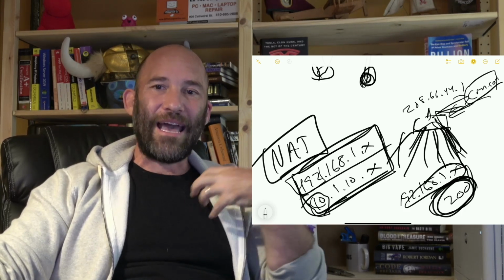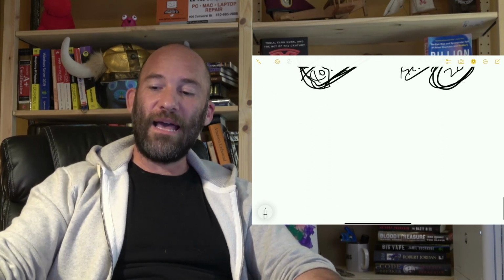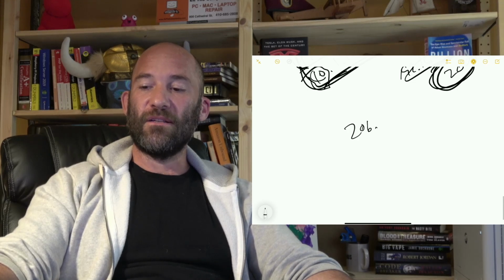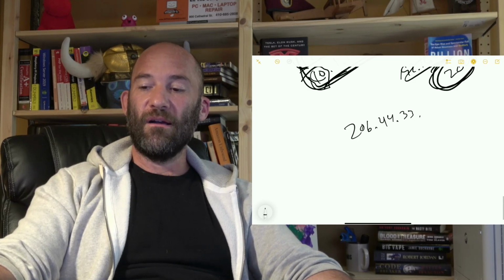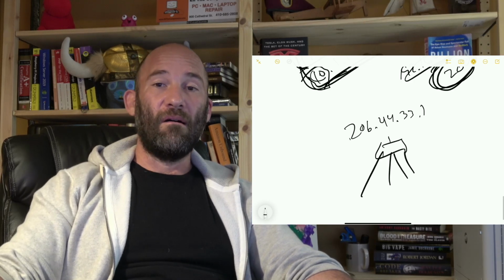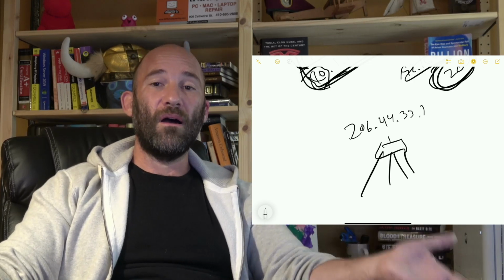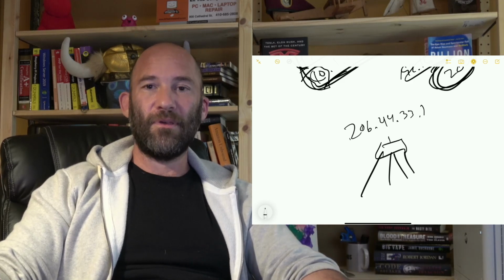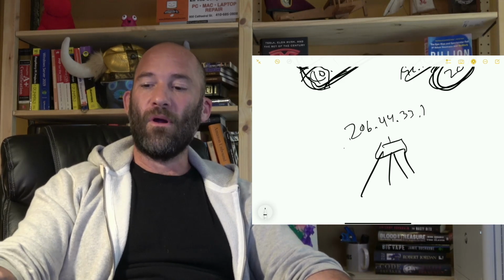And so that's how NAT works. All NAT is doing is essentially you're able to share that external IP address amongst all of the tens or hundreds or thousands of computers in your internal network.